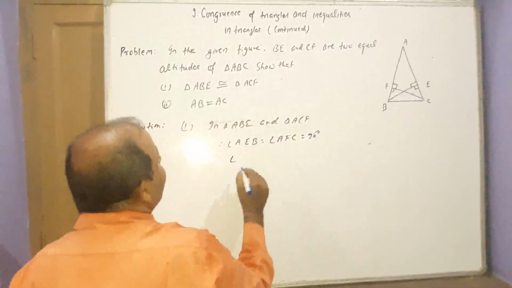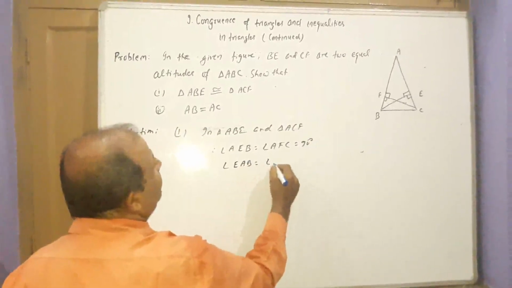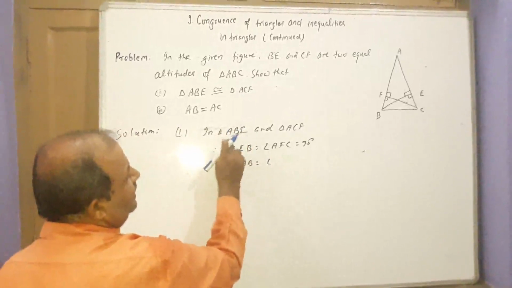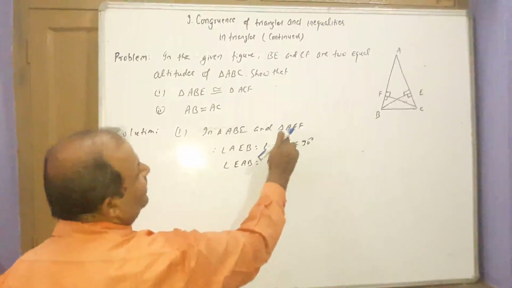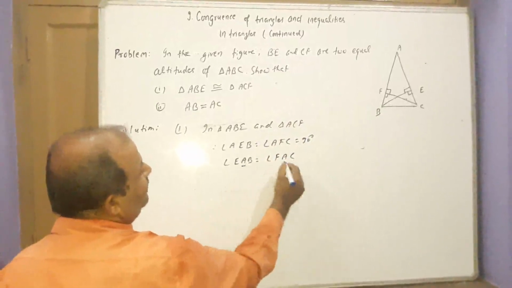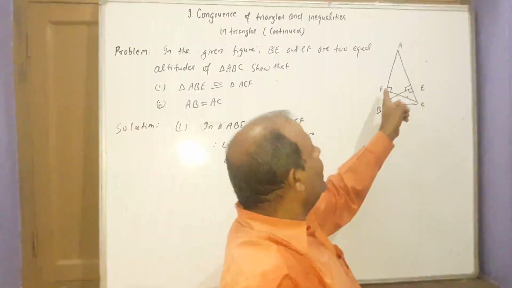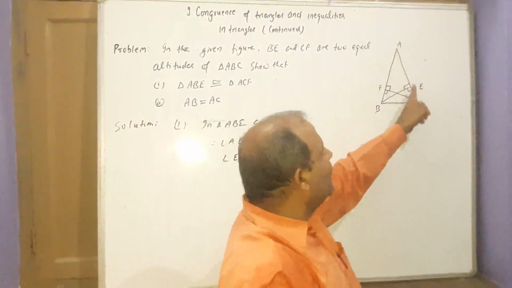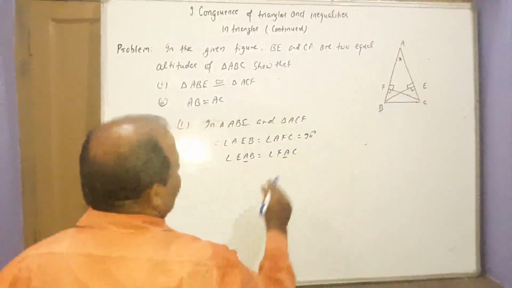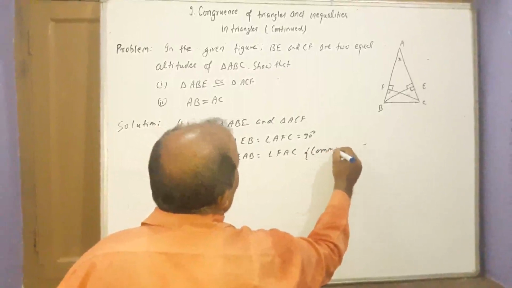Angle EAB is equal to angle FAC. In both of them angle A, whether we call it EAB or FAC, this is the same angle in both. So this is common.